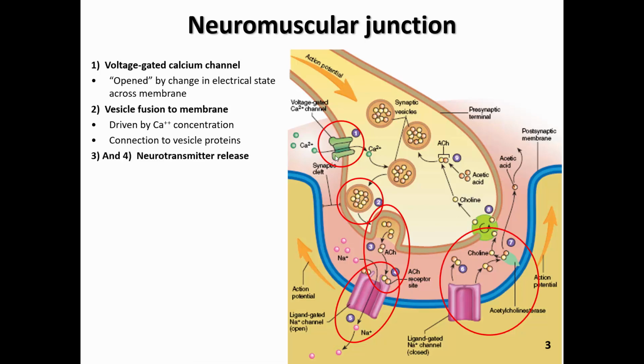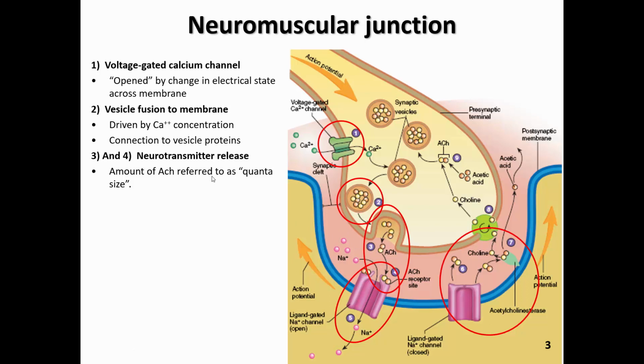That will lead to numbers 3 and 4 on the diagram, in which fusion on the intracellular side of the synaptic vesicles will see acetylcholine released into the extracellular space, and that amount is referred to as quanta size.